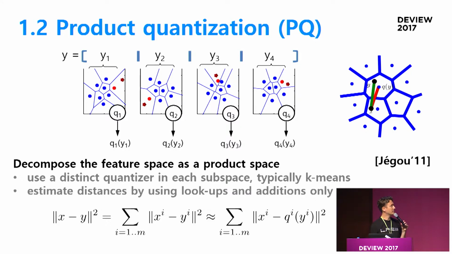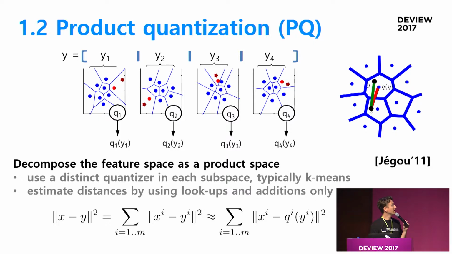Let's say, for instance, subvectors of 8 dimensions, as is typical, so that if you have a 32-dimensional input, you will have 4 8-dimensional subvectors, y1, y2, y3, y4. And then for each subvector, you learn a quantizer, for instance, using a clustering algorithm such as k-means, and you encode the subvector by the index of the closest centroid. Okay?